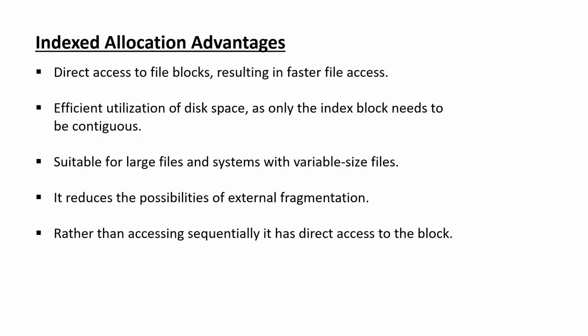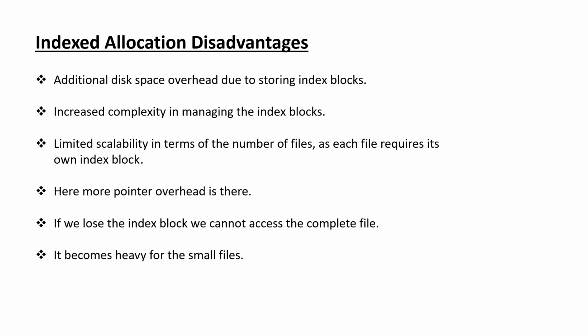Coming to the fourth advantage, reduced fragmentation. Unlike contiguous allocation, indexed allocation helps avoid external fragmentation as files can be scattered across non-contiguous blocks. Coming to the disadvantages of indexed allocation. Index block overhead.